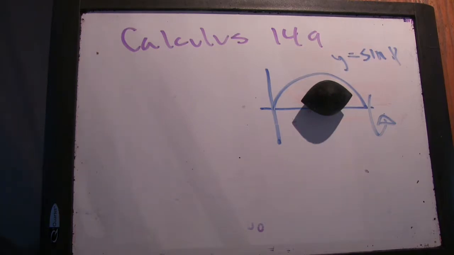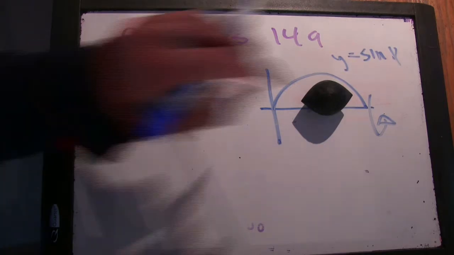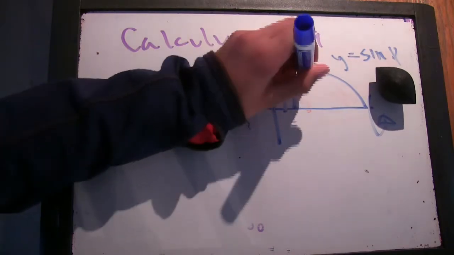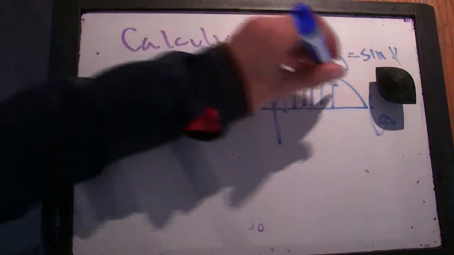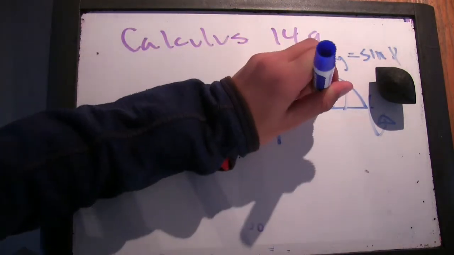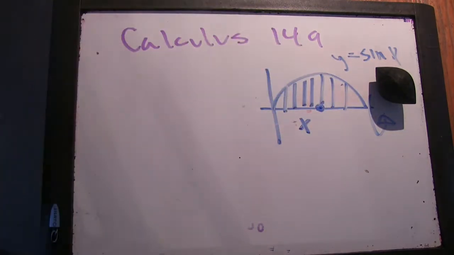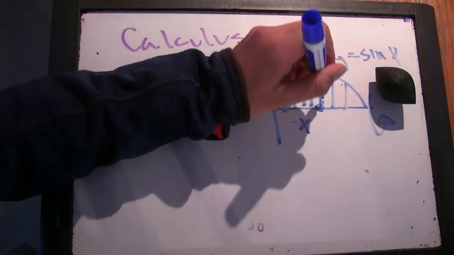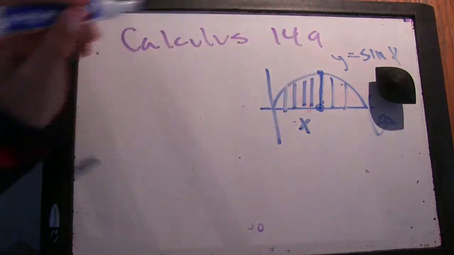When you rotate around the x-axis, you can chop this y equals sine x up into a bunch of lines that, when you rotate around the x-axis, are going to become a bunch of circles. Now we can describe the radius of a point. At x distance, the radius of the circle is going to be the y value, which is sine x.